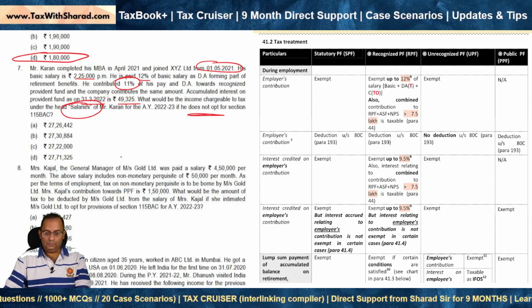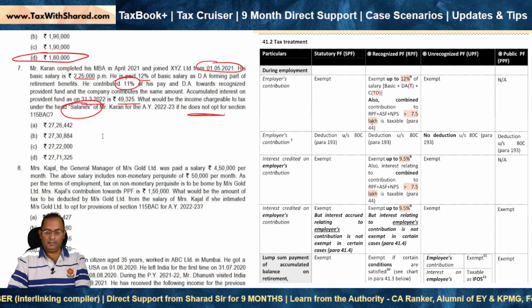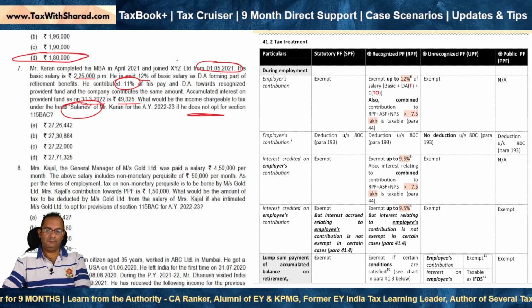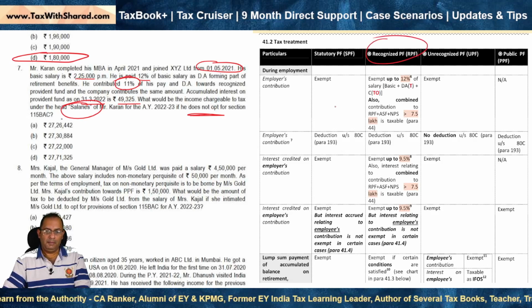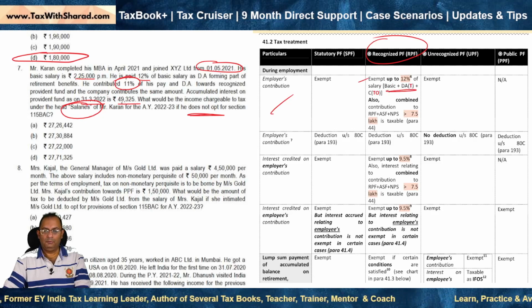In order to solve this question, let's quickly look at the provisions so that you will understand what to do basically in this question. So if you look at RPF, employee's contribution is exempt up to 12% of salary, which is basic plus DA if terms of employment so provide, which is our case.